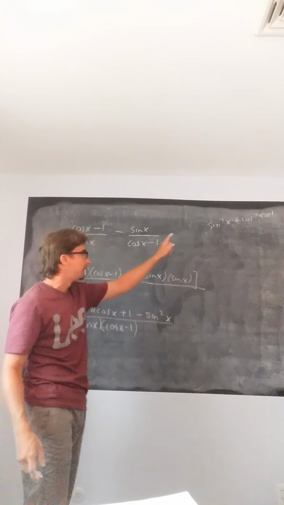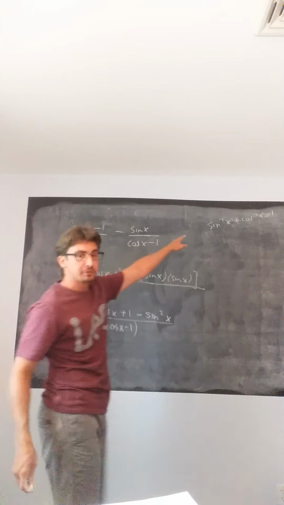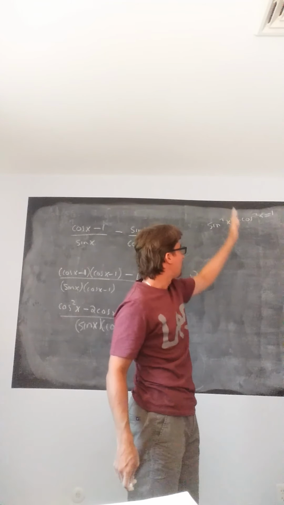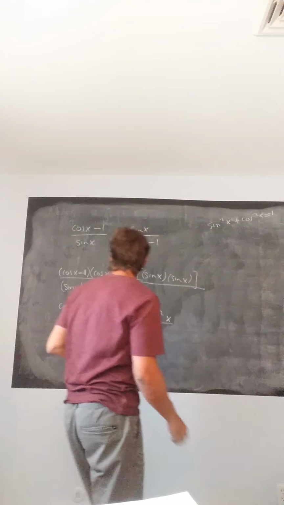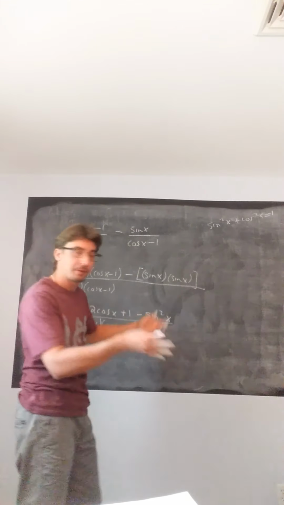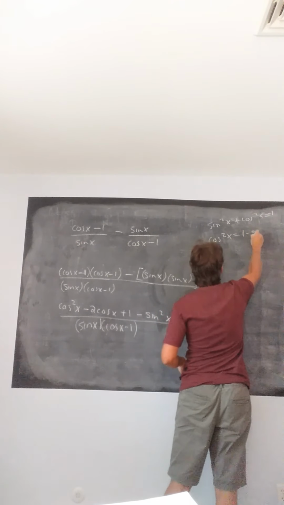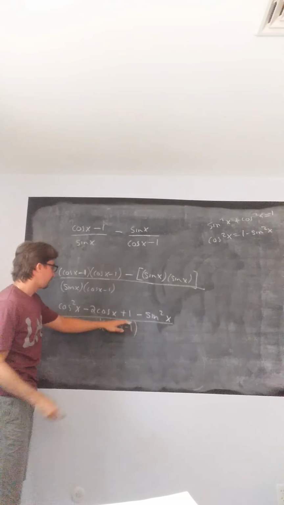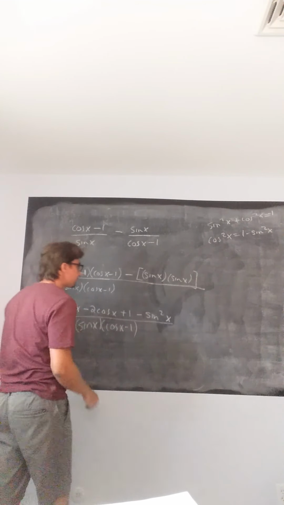It's minus and we need a plus. However, if you drag the sine squared over to the other side with the 1, that would become 1 minus sine squared x. And that gives you cosine squared x equals 1 minus sine squared x. And what that does is allow us to replace this with cosine squared x.